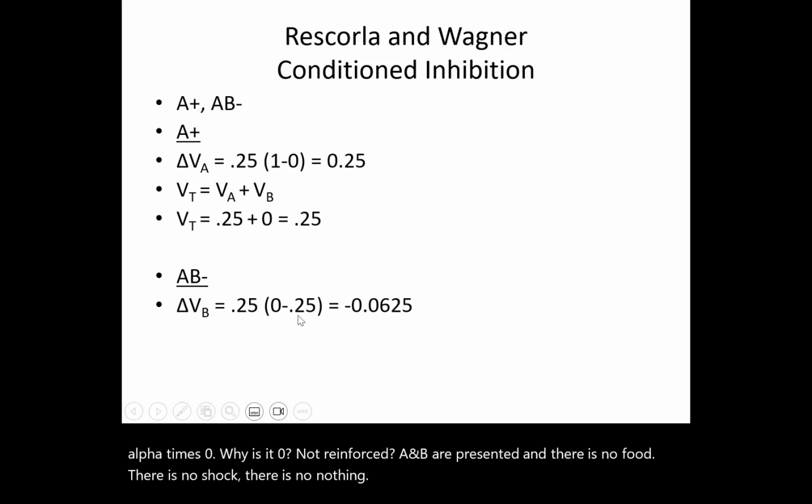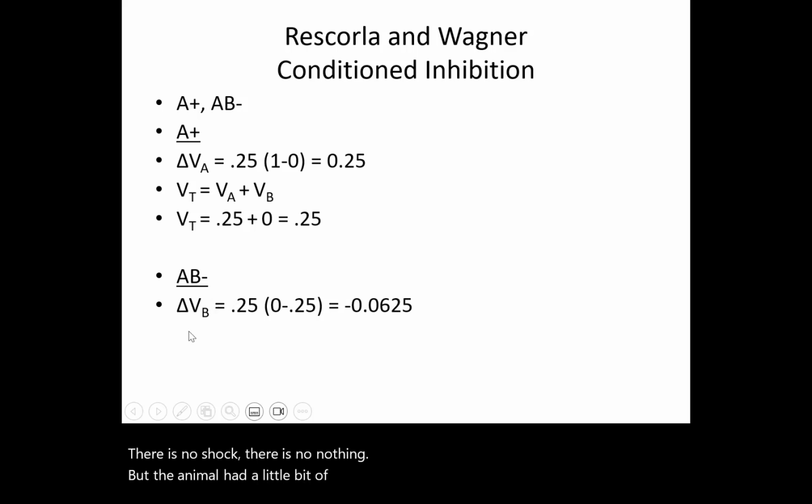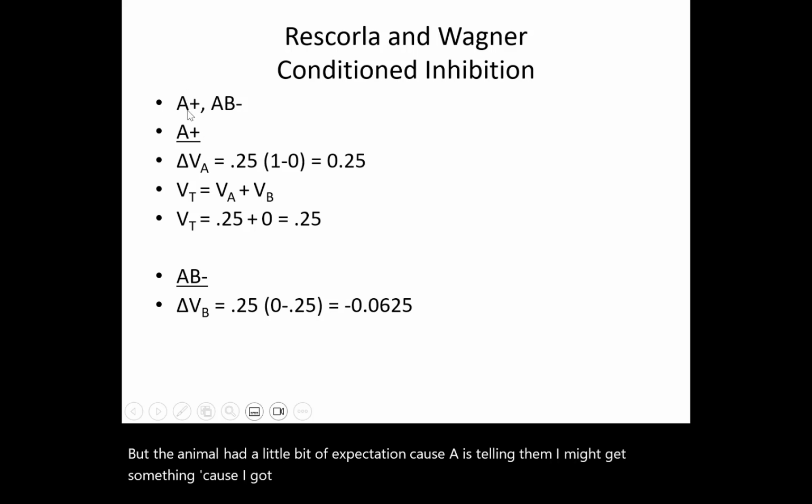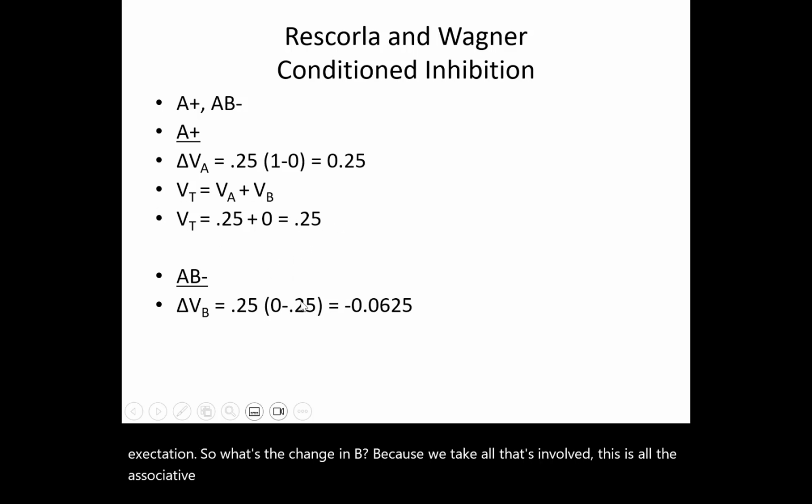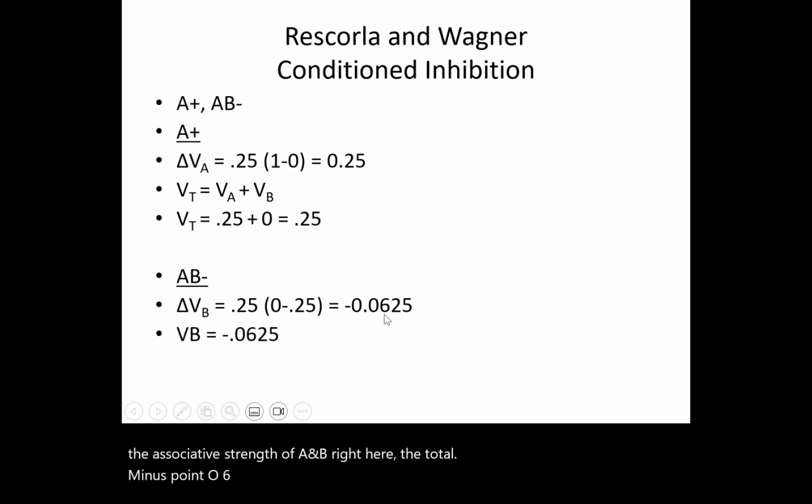But the animal had a little bit of expectation because A is telling them, oh, I might get something because I got something on the last try. So what's the change in B? Because we take all that's involved, this is all the associative strength of A and B right here, the total, minus 0.0625.